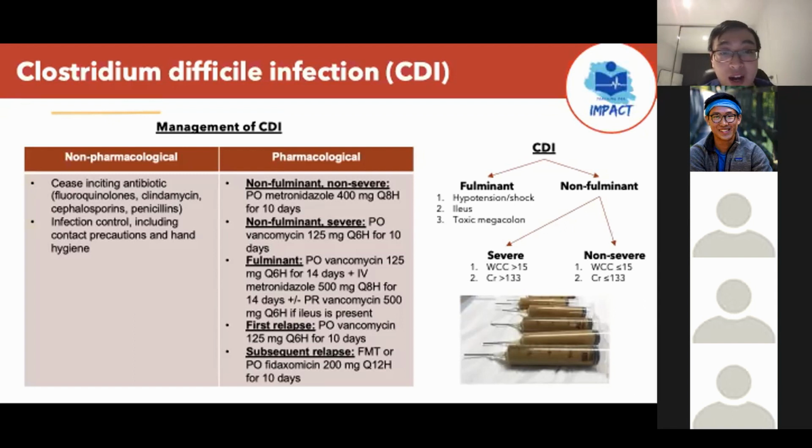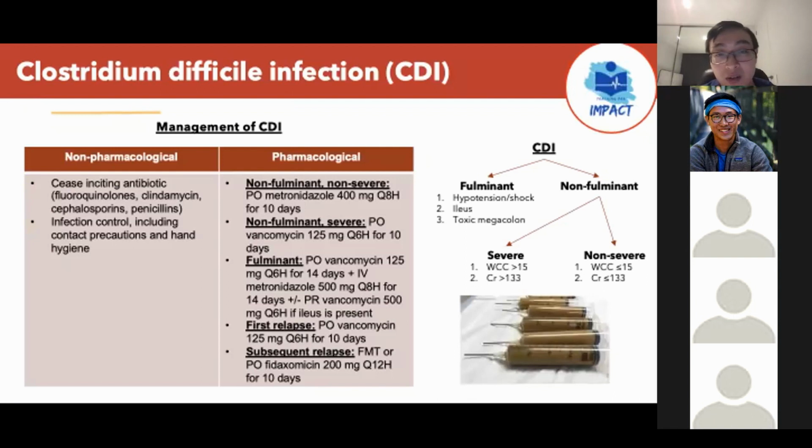Sometimes it gets so out of hand that the patient actually needs to get a colectomy. If the patient doesn't have fulminant disease, and most patients won't, we then further divide non-fulminant disease into severe or non-severe. There are various criteria to determine this.